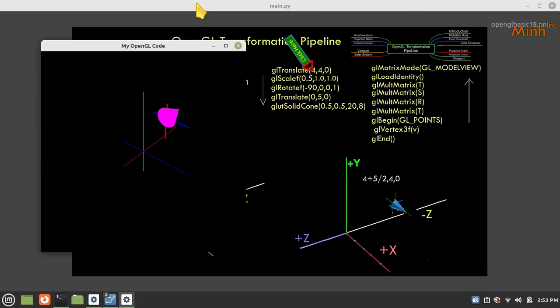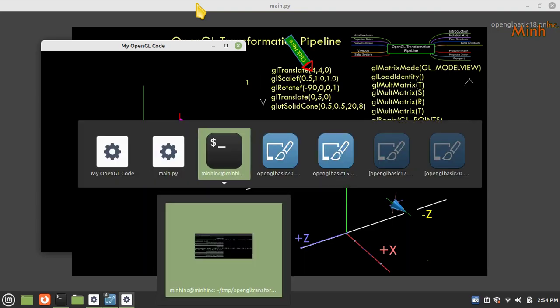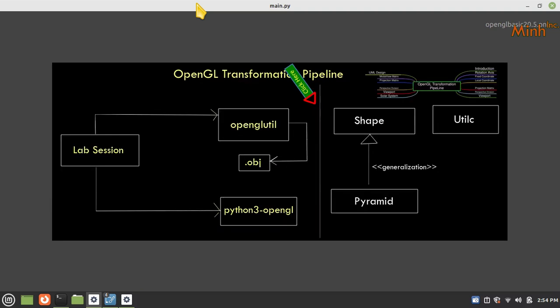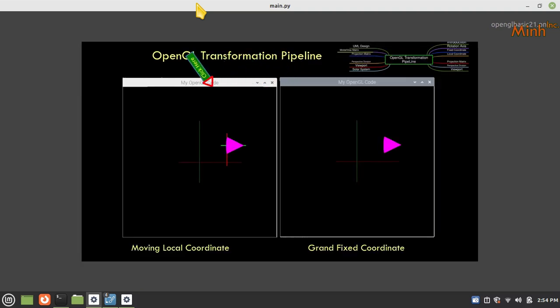So I can kind of bring back these guys. Okay. So this is what we have drawn here in the lab exercise.